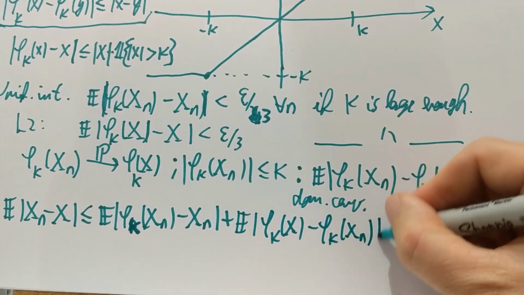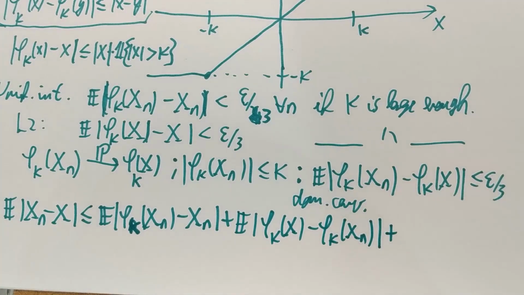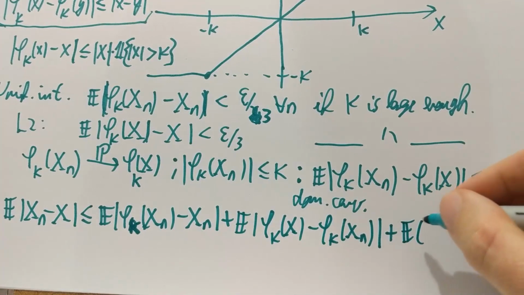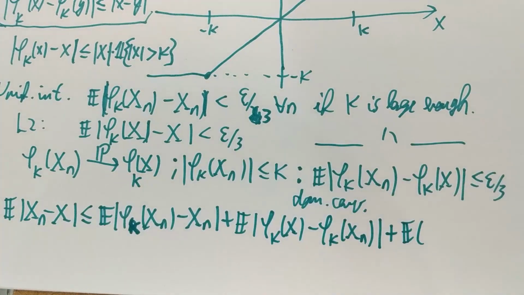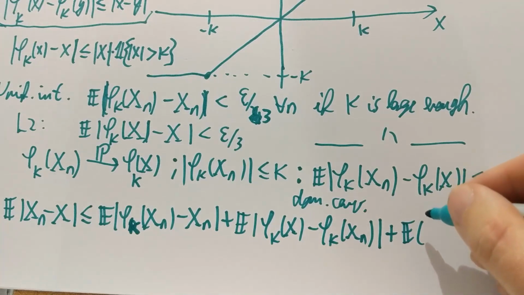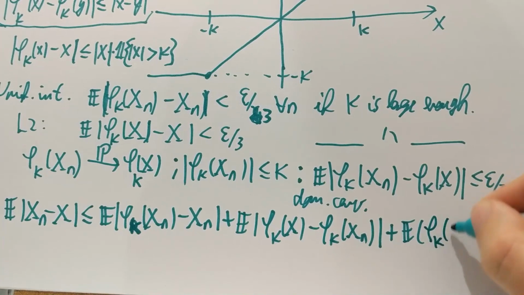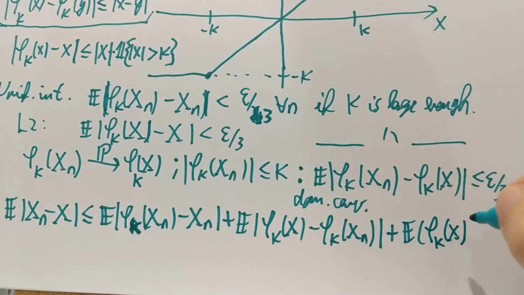Okay, so now I added in phi k of x, I need to subtract that, so I'm going to subtract that, and I'm also going to write in x here. Actually I swapped around signs, but okay, I'm going to explain this in a second. So let's just write here phi k of x minus x, and it's all in the modulus.